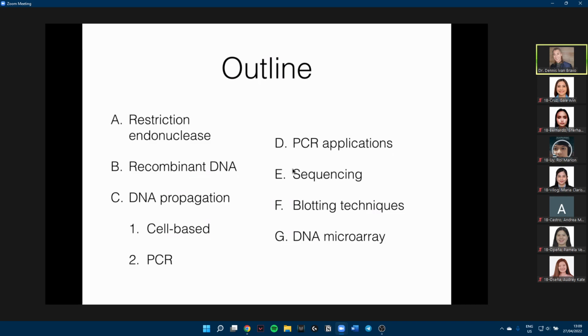Then we'll discuss the different applications of PCR, including examples. Then we'll continue with DNA sequencing, the different blotting techniques, and then we'll end the lecture with DNA microarray.